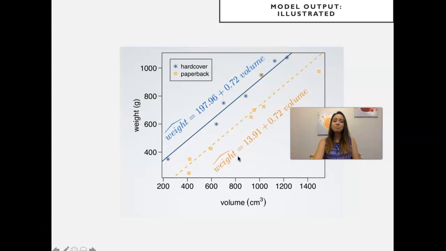The true intercept is where this line crosses the y-axis when volume is 0. Volume is never 0, so it's not interpretable, but it plays the role of setting the line up or down, adjusting its height.